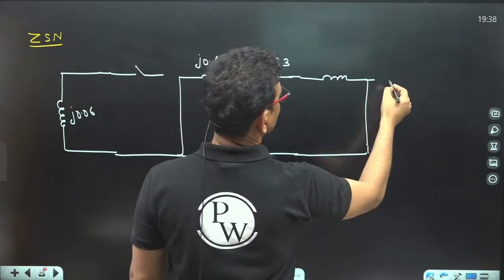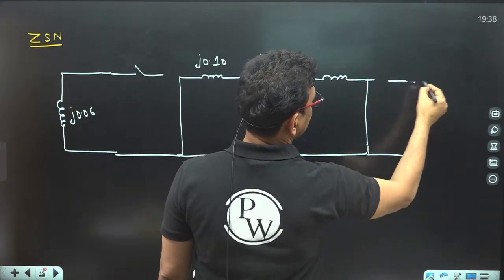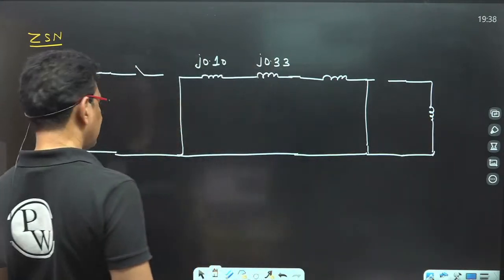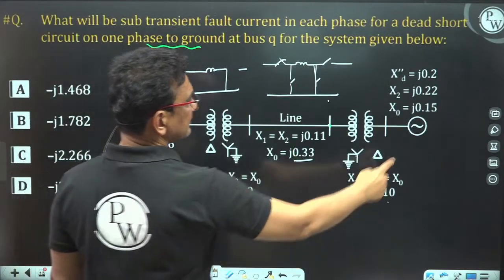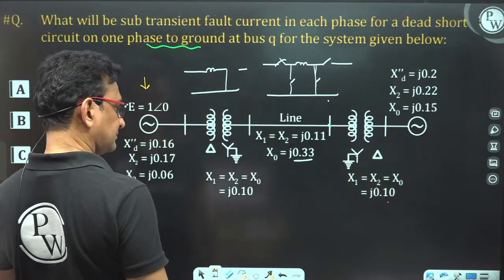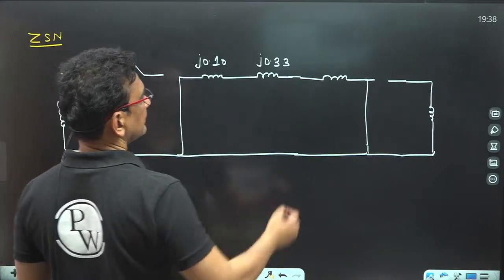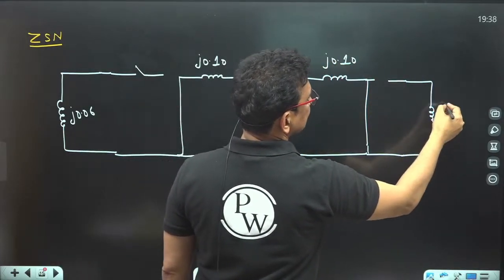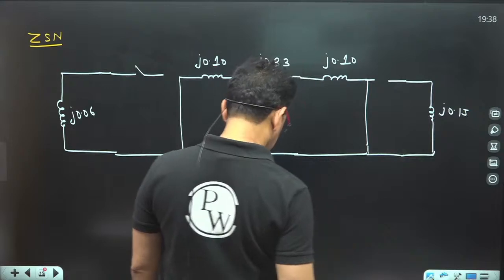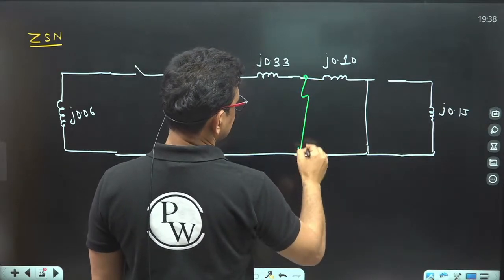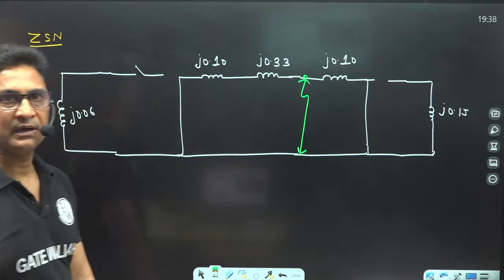Connected, but here it is open. And then the synchronous machine. Synchronous machine zero sequence reactance is J 0.15, and this was 0.10. The fault occurs at the Q terminal. This is the Q terminal. This is the fault point.